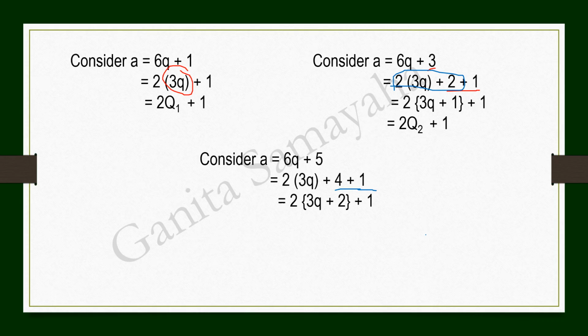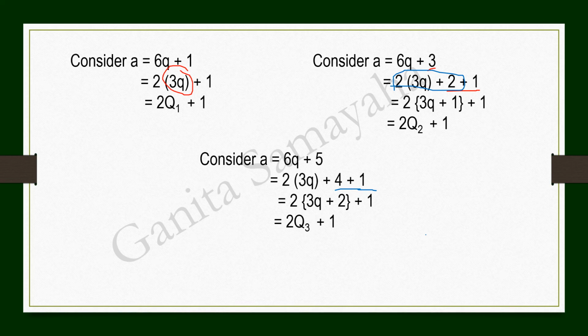So on further simplifying this, we have 2 into 3q plus 2, taking 2 as a common factor between the first two terms. So again this is 2 into some quotient plus 1, and I write this as 2 into q3 plus 1.